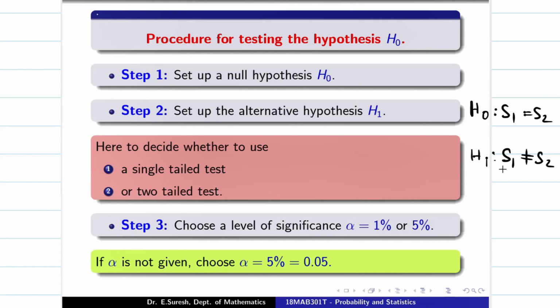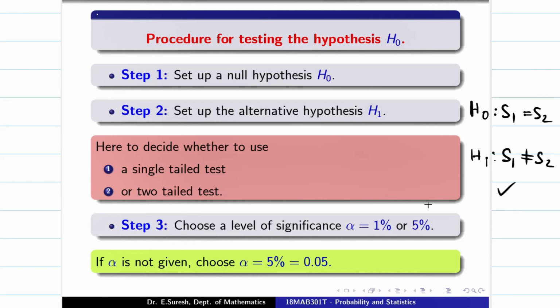If you have a question like, is there any significant difference between two cities or two students, or population mean with sample mean, you can answer only one thing: no, there is no difference, or there is a difference. In that case, you cannot say which one is better. For example, here I cannot say S1 is better or S2 is better.